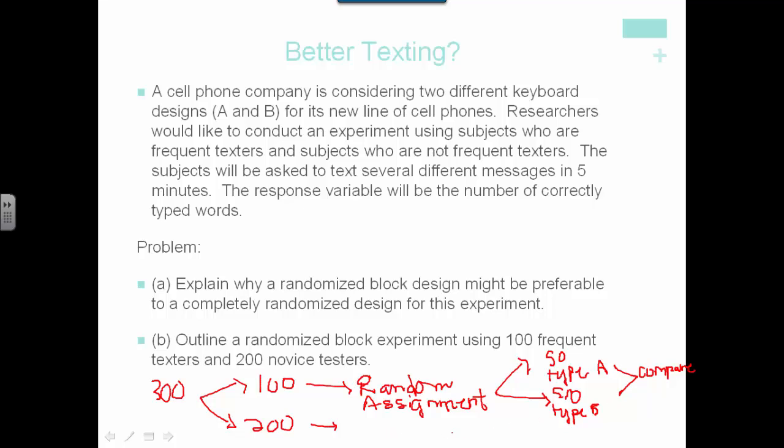We would do the same in the other group, where we would still do a random assignment. We would do 100 for type A, and we would do 100 for type B. And again, when we're finished, we would compare the mean number correct.